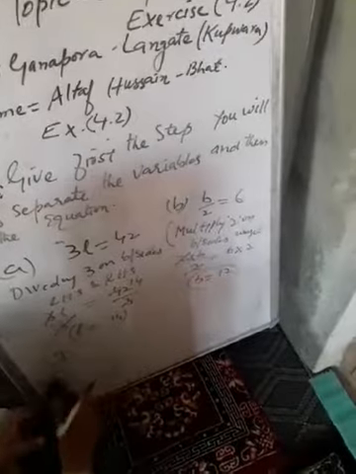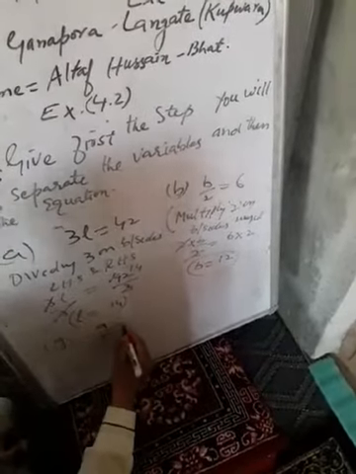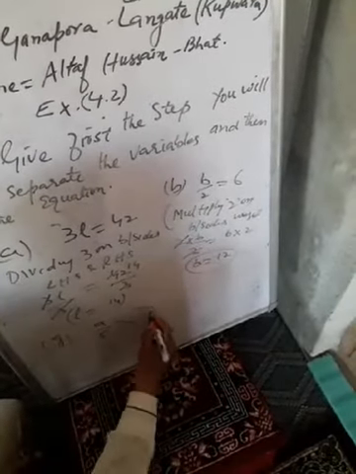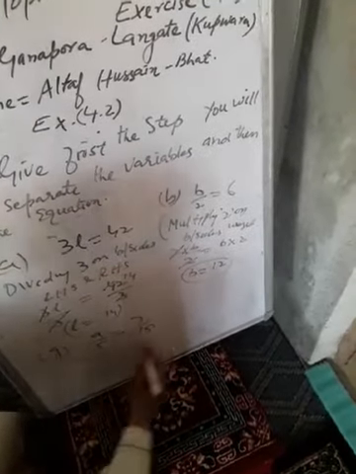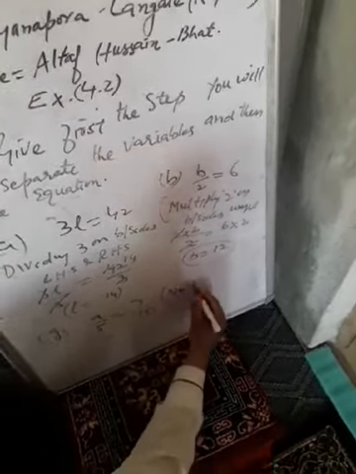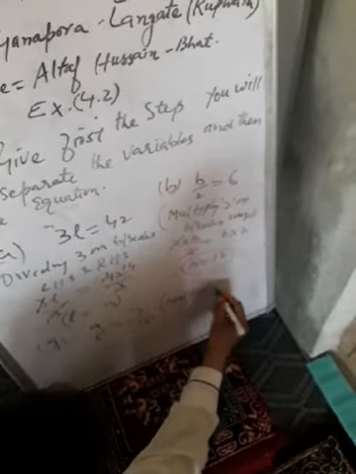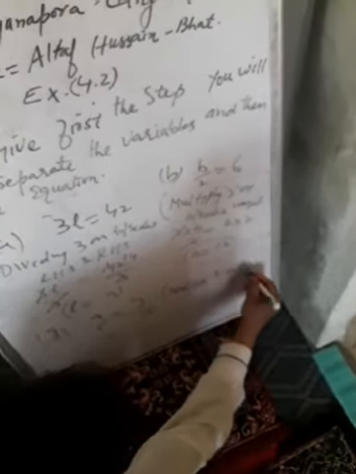Part g. a divided by 5 is equal to 7 divided by 15. We will multiply 5 on both sides.